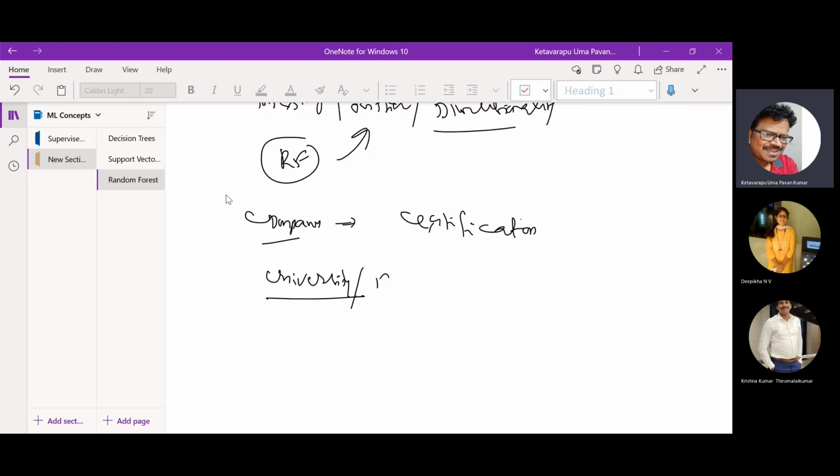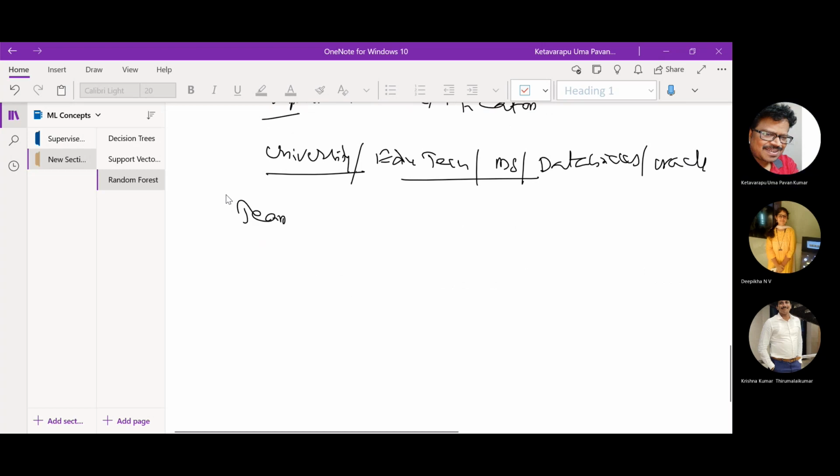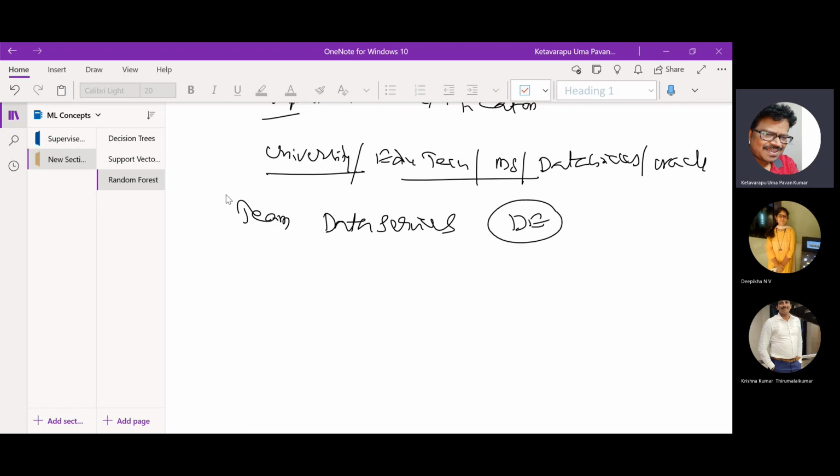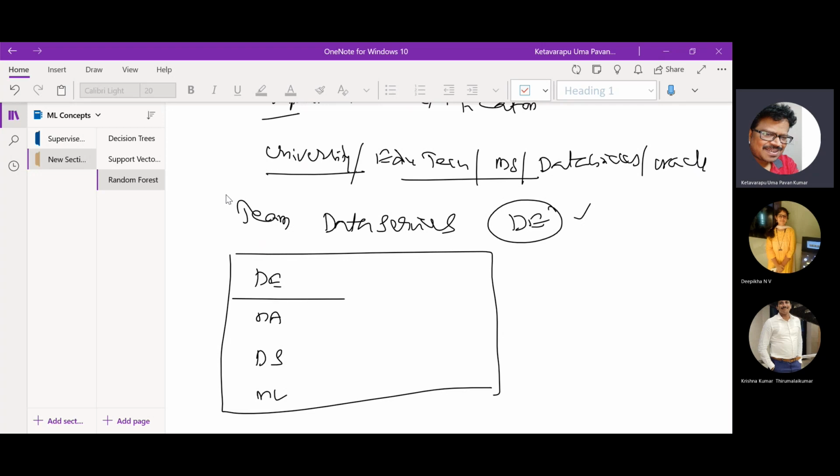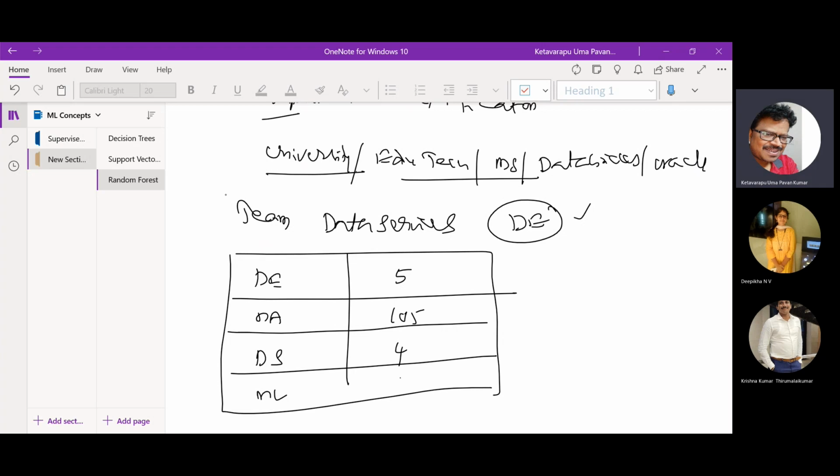In a particular team, across DE, DA, DS, ML, various verticals, we get five in DE, 105 in DA, four in DS, and three in ML.